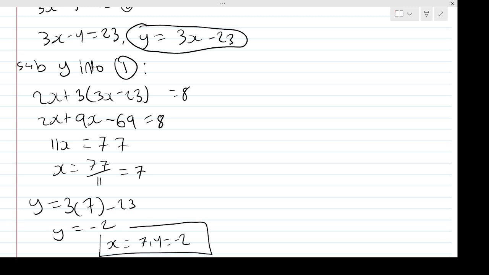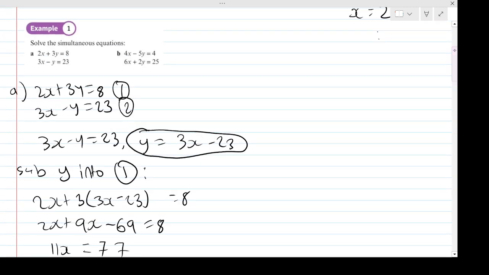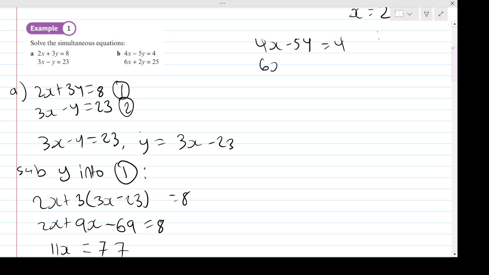Cool, great. Okay, let's have a look at the next question then. We have 4x minus 5y is 4, 6x add 2y is 25. I'm going to do this one by elimination, doesn't matter, but just want to show both methods.